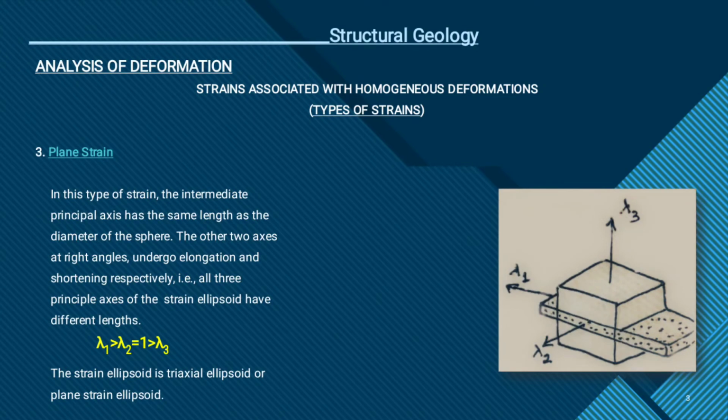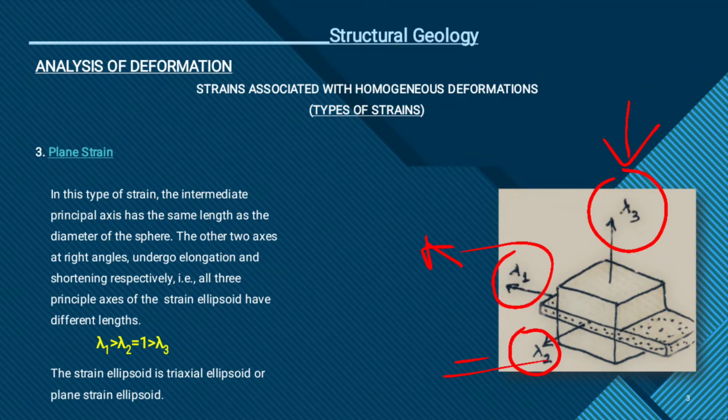Number 3 is plane strain. So what about plane strain? Here the intermediate axis is taken as constant, lambda 3 is shortened, and lambda 1 is extended. Okay, lambda 2 is constant.